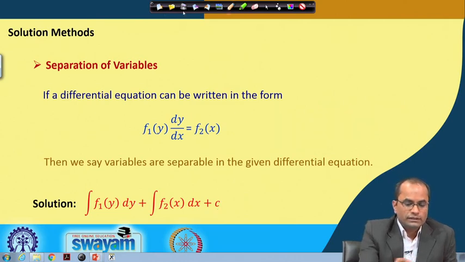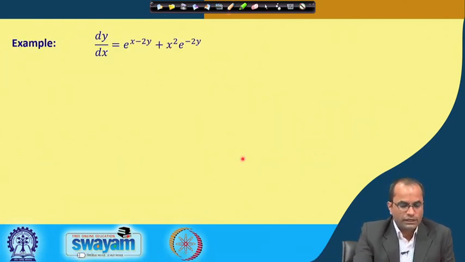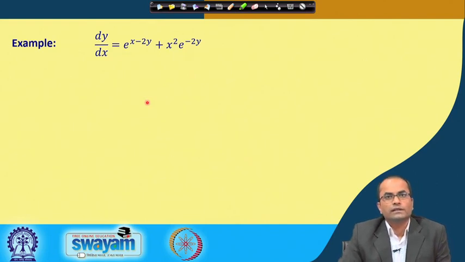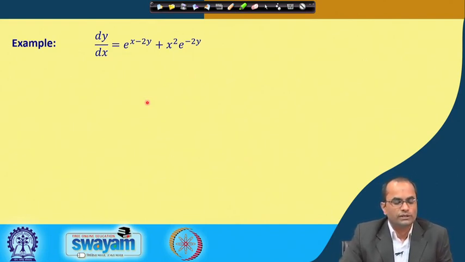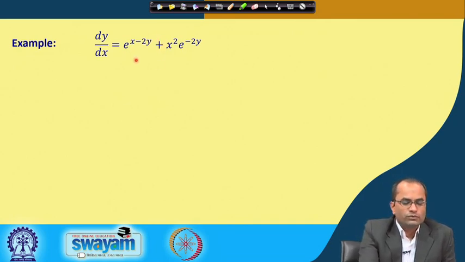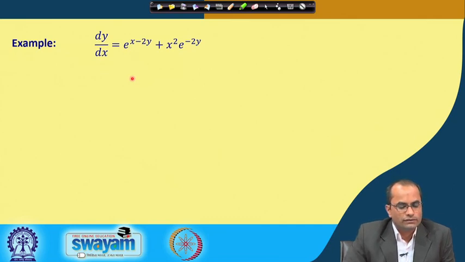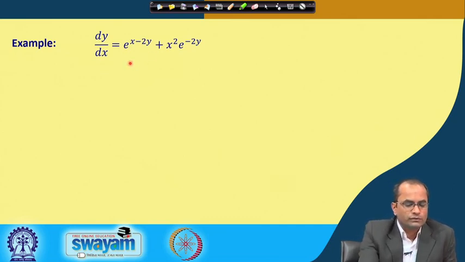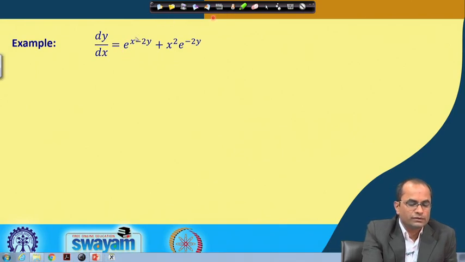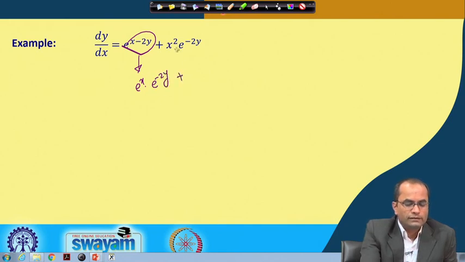We will see one example of this kind, which is given here: dy over dx is equal to e^(x minus 2y) plus x^2 e^(minus 2y). If we take a close look at the right hand side of this function, we can write the first term as e^x into e^(minus 2y), and the second term is already in separable form.